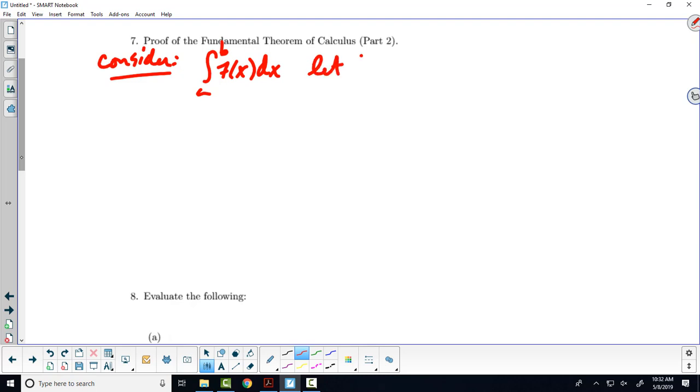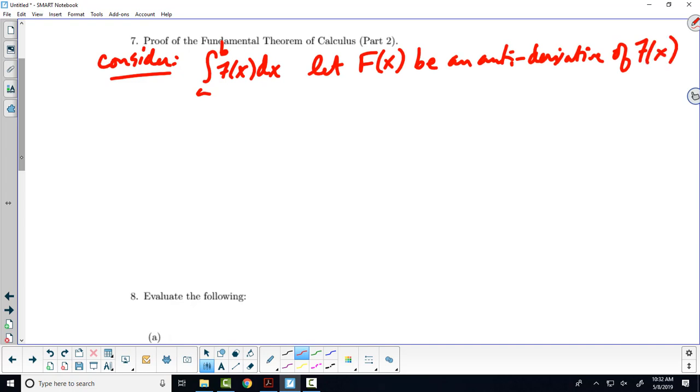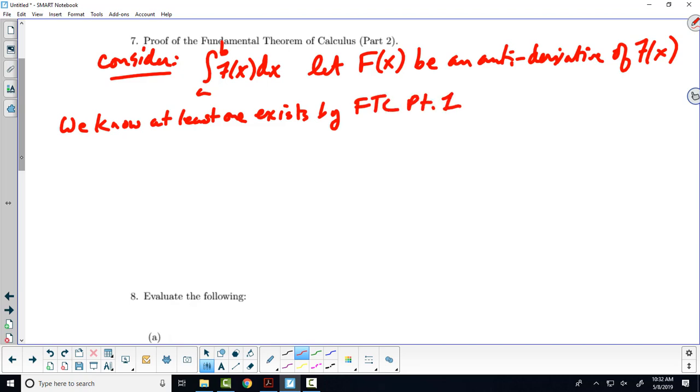Let's let capital F of x be an antiderivative of little f. We know at least one exists by the fundamental theorem of calculus, part 1.